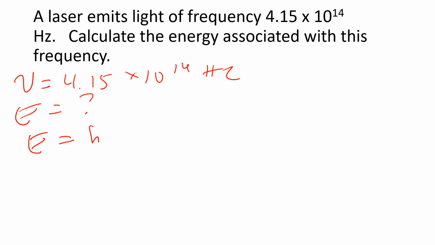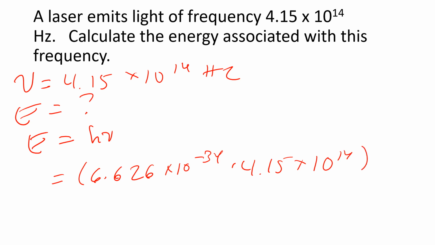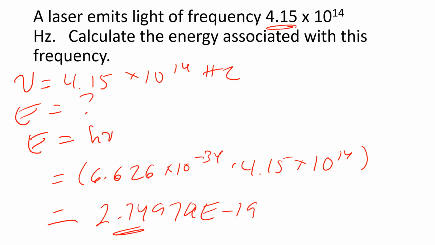E equals Planck's constant times frequency: 6.626 times 10 to the negative 34 times 4.15 times 10 to the 14. 2.74979 e negative 19, 3 sig figs, 2.75 times 10 to the negative 19 joules.